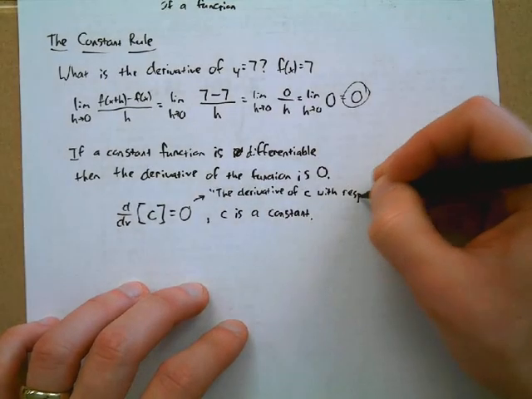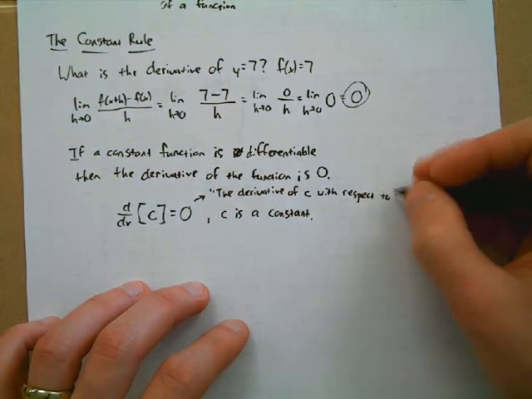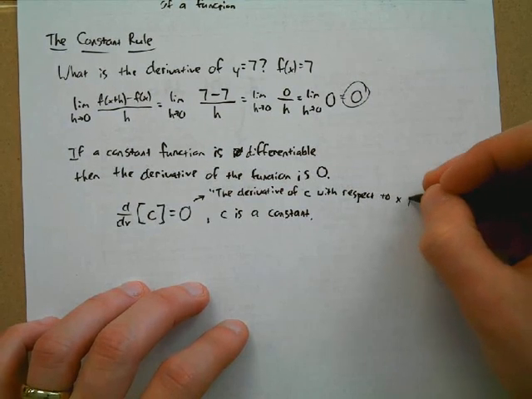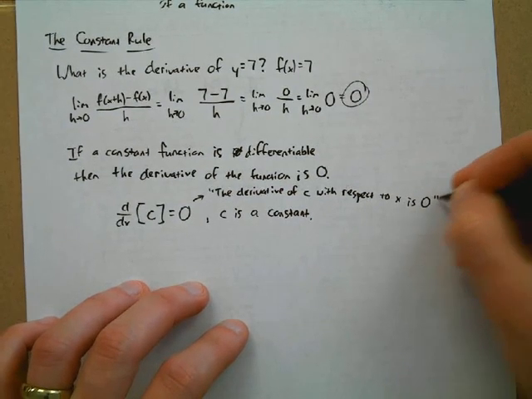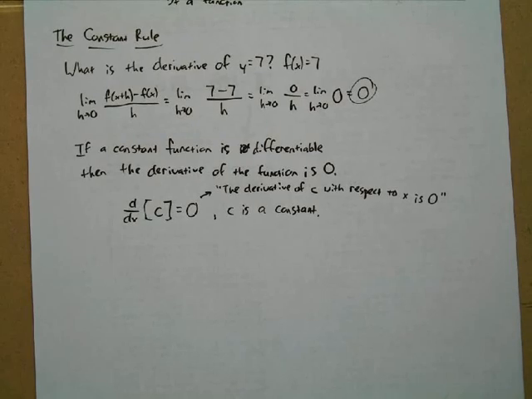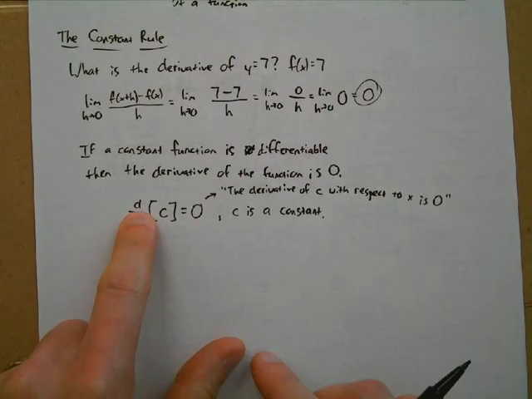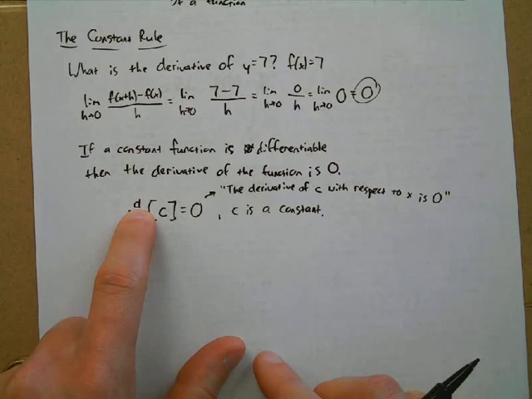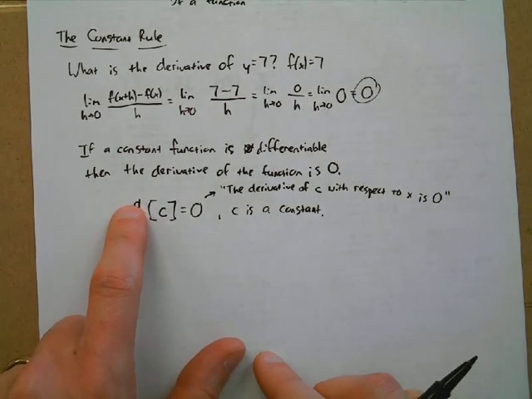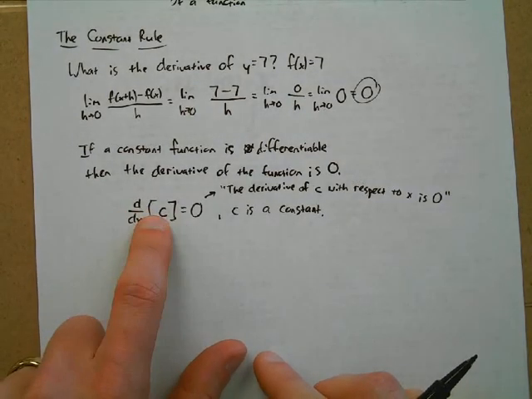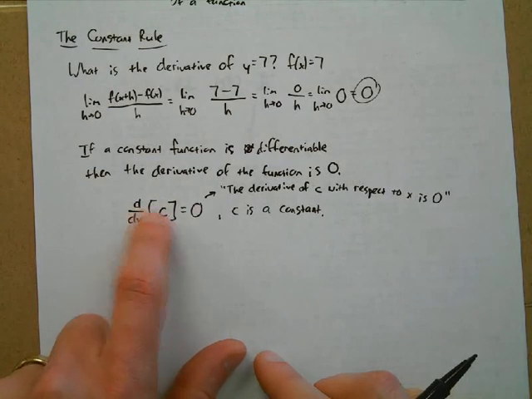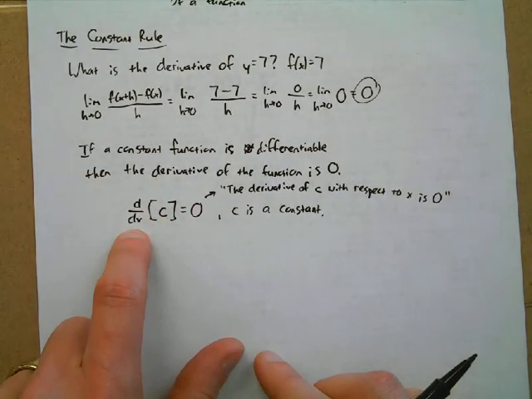And I'll try and read through it here a piece at a time. So the lowercase d stands for the derivative of c. So the derivative of the stuff here in the brackets, the derivative of c with respect to x is this d over dx part. The derivative of c with respect to x equals 0.